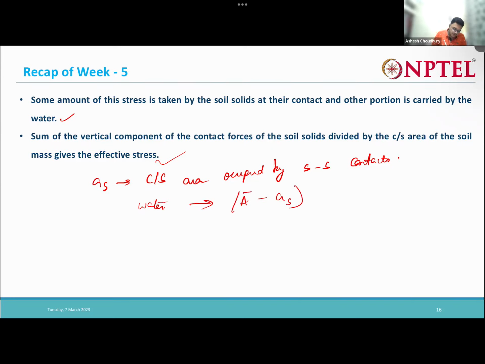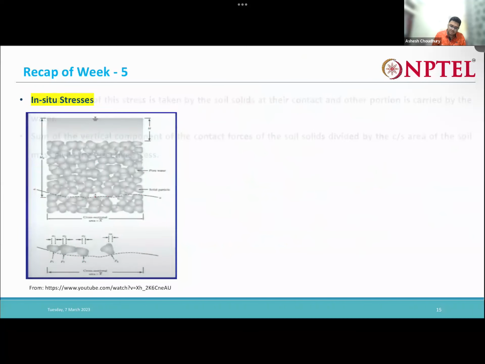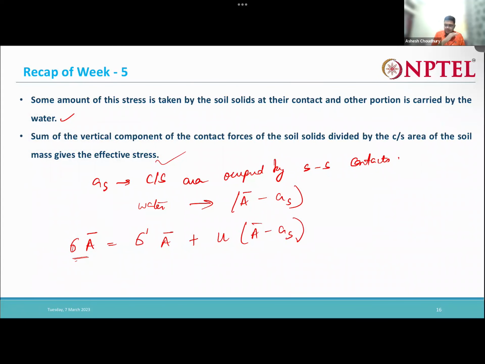Okay. So now if I write my total stress into A bar is equal to these things, this you can write. Total stress into A bar, this is coming from the definition of the total stress, because A bar is the total cross-sectional area. My effective stress into A bar plus U, where U is the pore water pressure, into the area that is occupied by water.